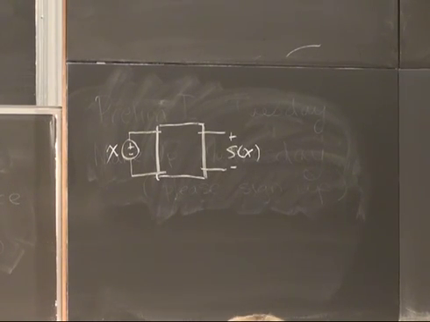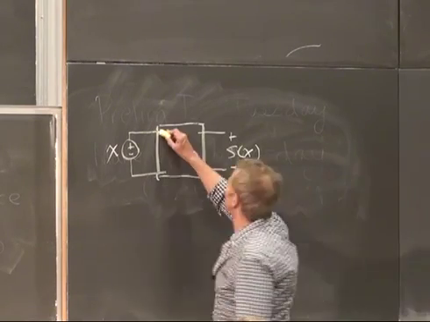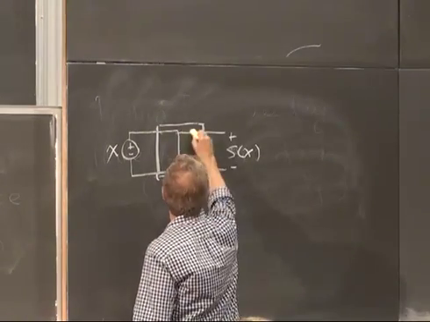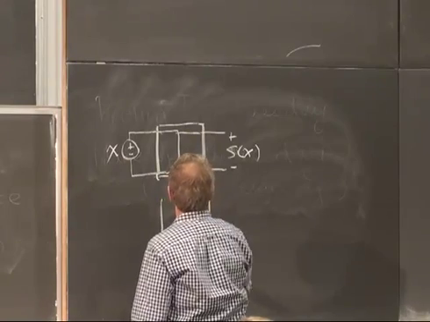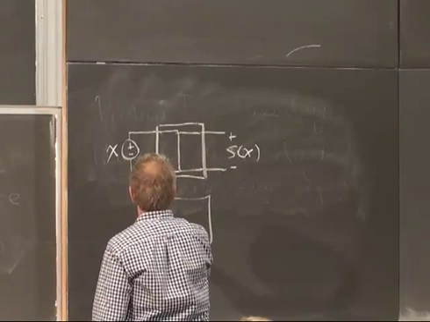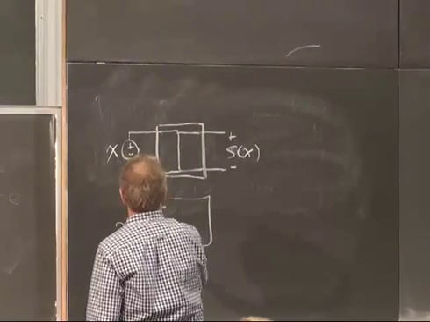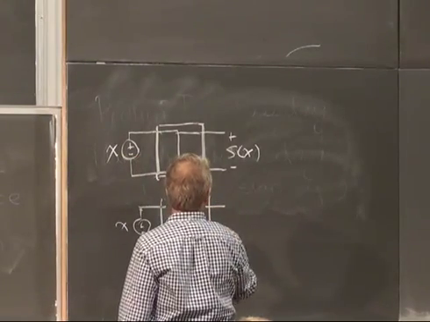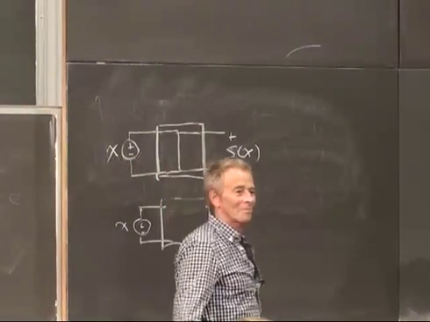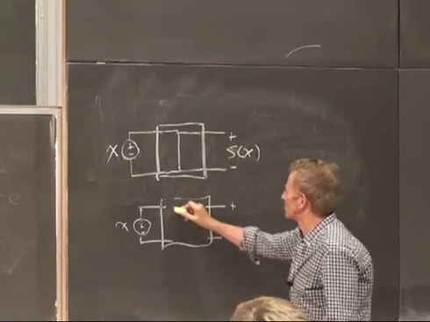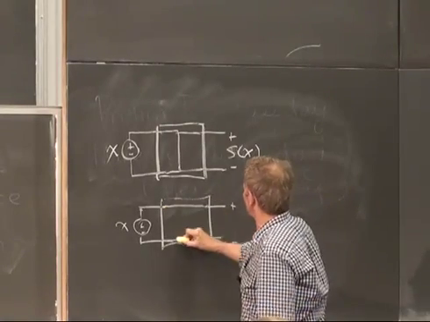What's that? Nothing? Yeah, a short circuit. Boom, like that. What do I put inside the box to get the identity system? What's that? Yeah, you could an open circuit, like so.